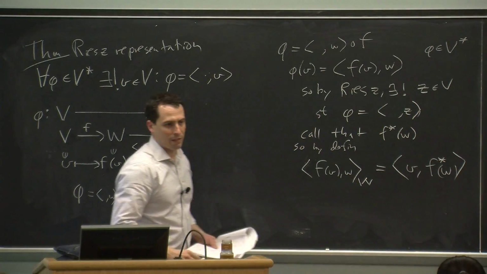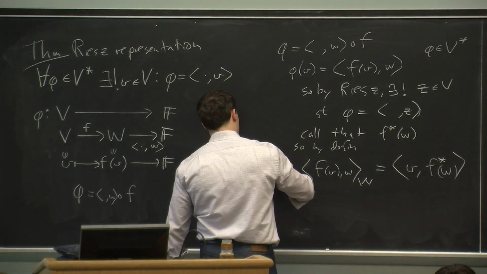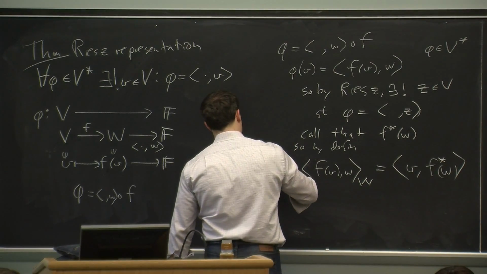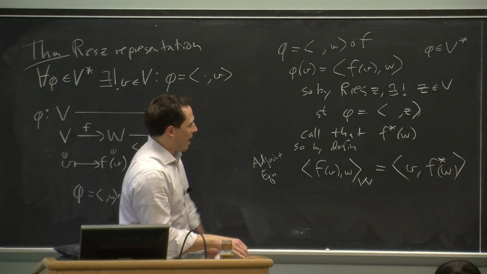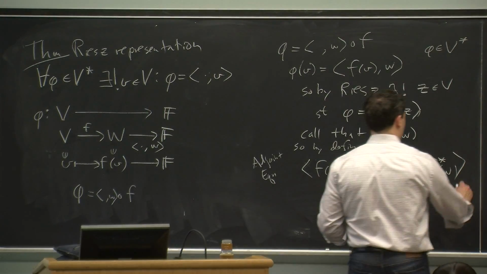That's just the definition of F star. It's the thing that solves that equation. This is called an adjoint equation. It has a solution by this theorem. It has a unique solution.